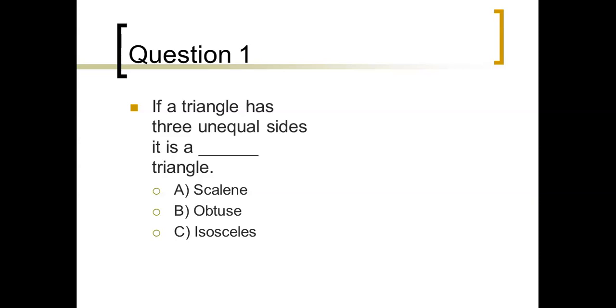And remember when we were treating the triangles, I said that once we have a case where the triangle has three unequal sides, it's a scalene triangle. So the answer to this is A.